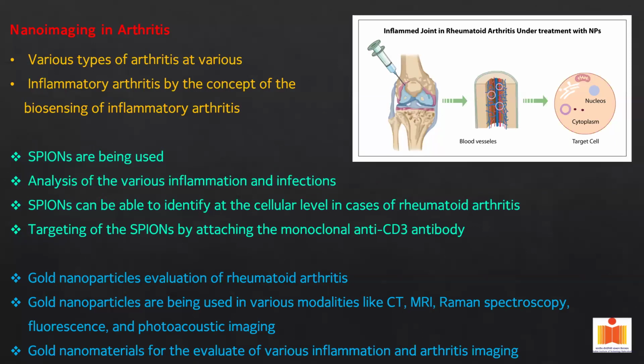It is a direct injection of the nanoparticles in the arthritic joint, and there will be blood vessels, and ultimately the target cell will be acted upon, and that is where the role of therapeutic applications of nanoimaging comes in. Gold nanoparticles are being used, and different modalities like CT, MR, Raman, fluoroscopy, and PAI imaging can be done with this. Next, please.